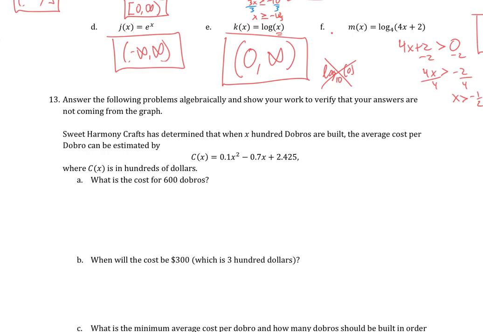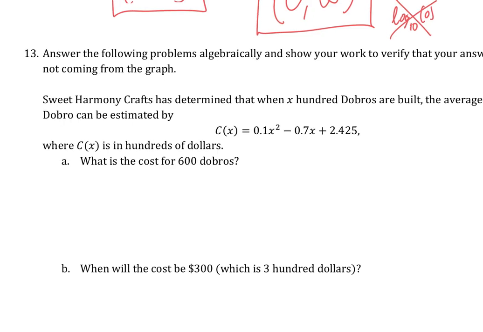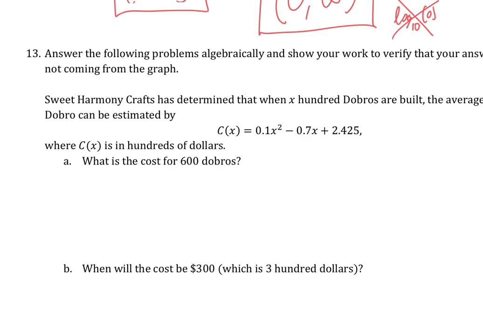Sweet Harmony Crafts has determined that when X hundreds of Dobros are built, the average cost is C. So the more Dobros you build, the cost goes down, okay, because of mass production kind of things. So if we have 600 Dobros, that means X equals 6. What is the cost?